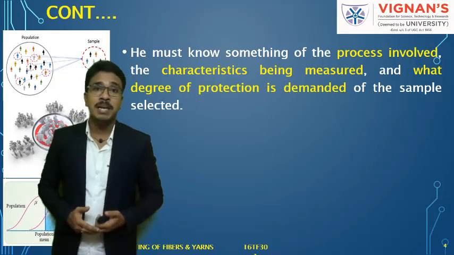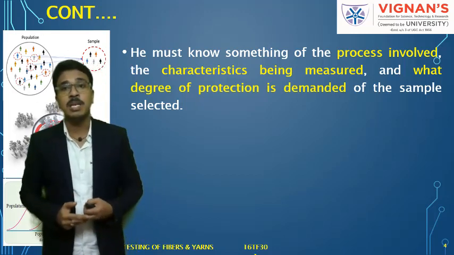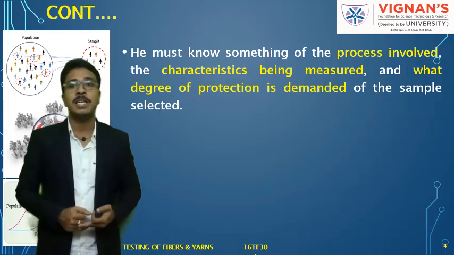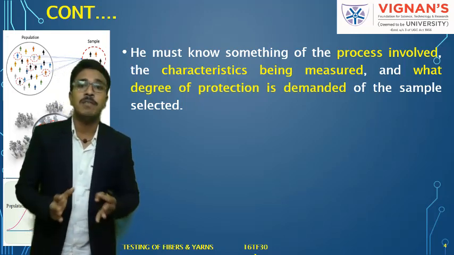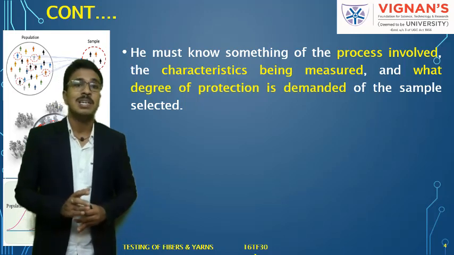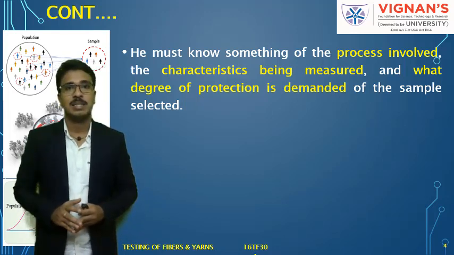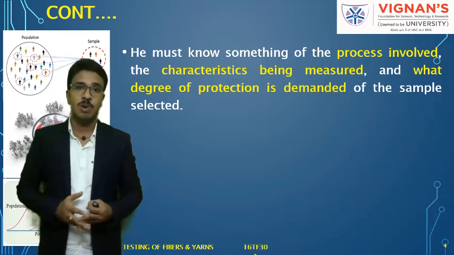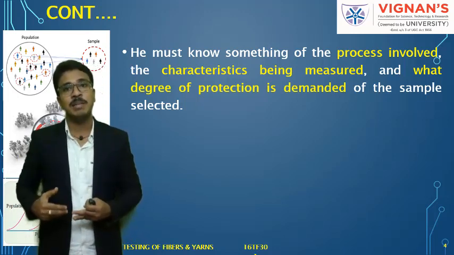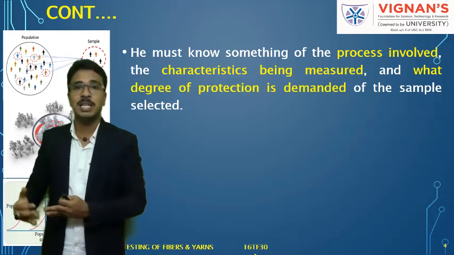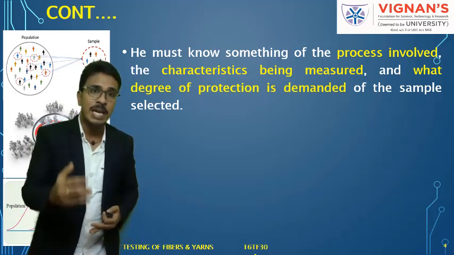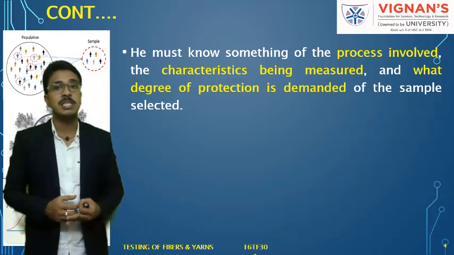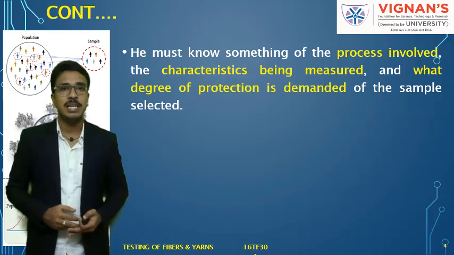He must know something of the process involved and the characteristics being measured, and what degree of protection is demanded of the sample selected. Understand? He must know something of the process involved in testing, what kind of characteristics we are expecting to measure, and what degree of protection is demanded of the sample selected.